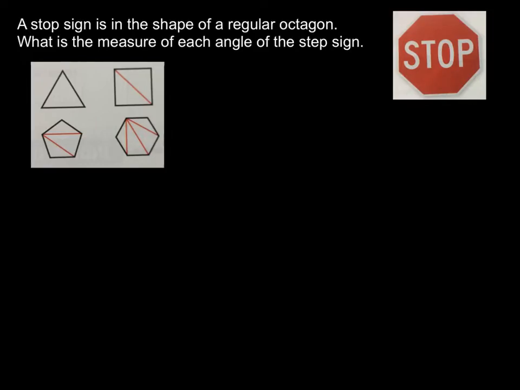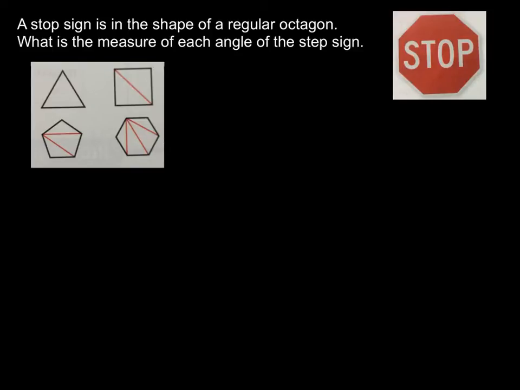So the cool thing with quadrilaterals, any pentagon really, you can divide them into triangles. You can divide quadrilaterals into 2 triangles, or you can divide pentagons into 3 triangles. So why that's important to us is because it can help us understand how many degrees are in each shape.